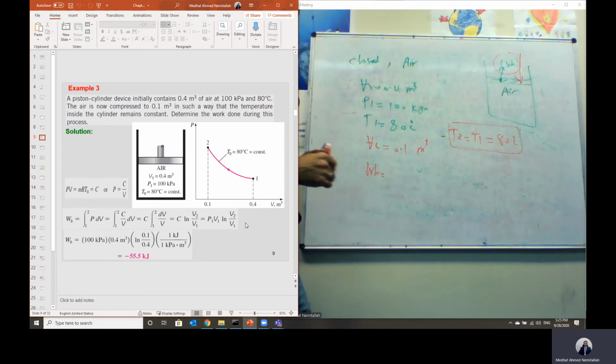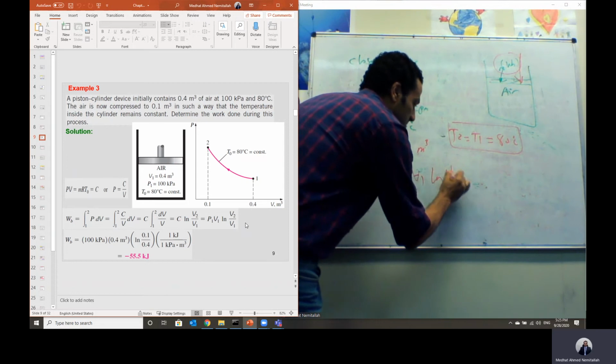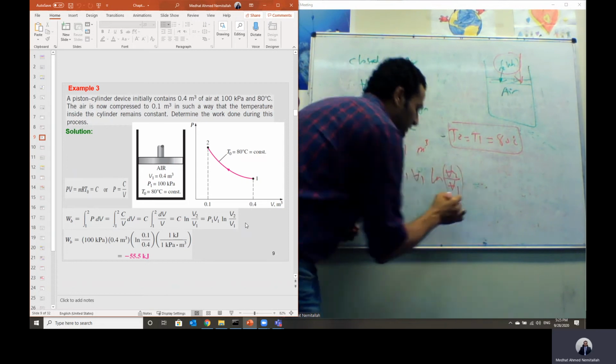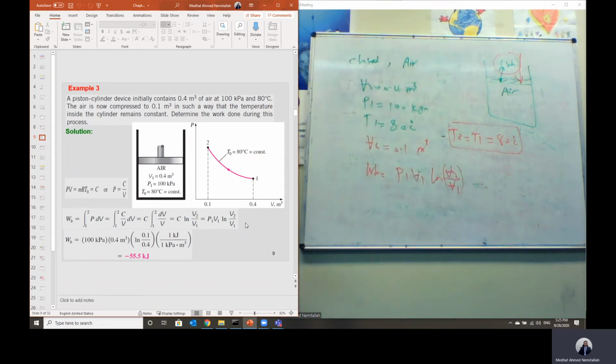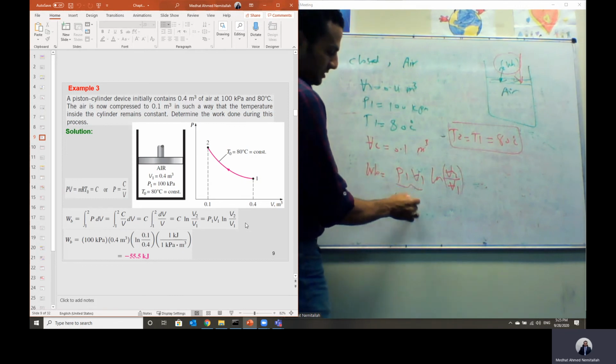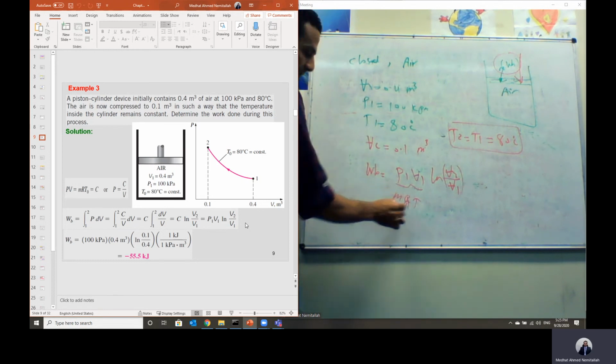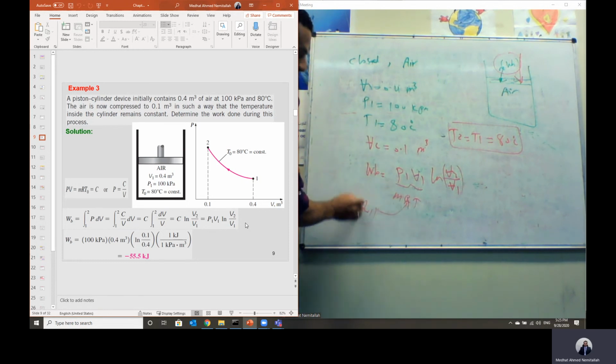Boundary work for an isothermal process will equal P1 V1 multiplied by ln V2 over V1. Or, instead of P1 V1, it will equal m R T1. T1 is the same as T2, so it will equal mRT. And R for air I can get from table A1.